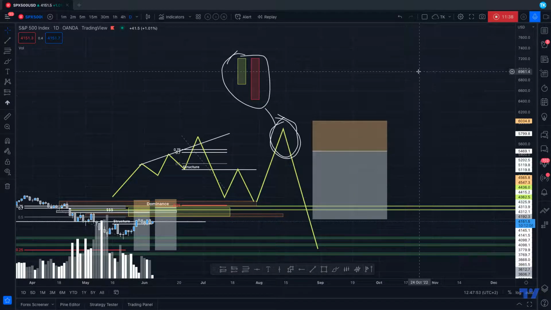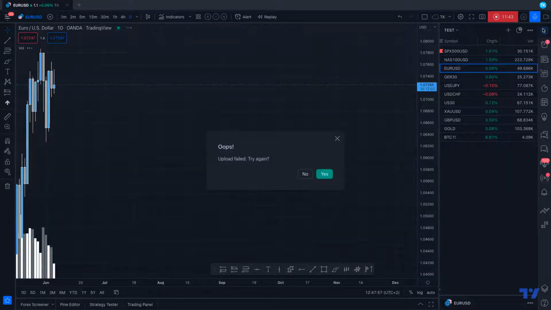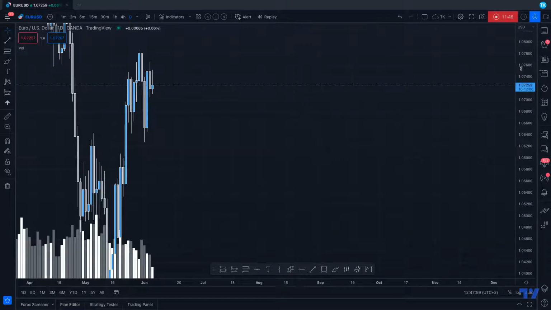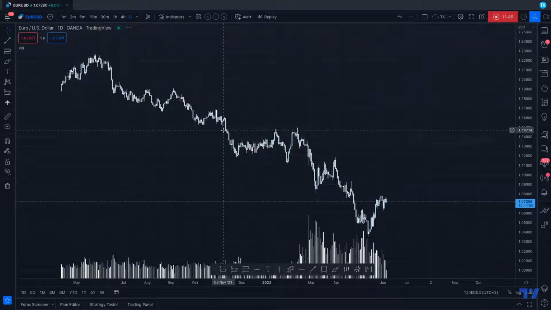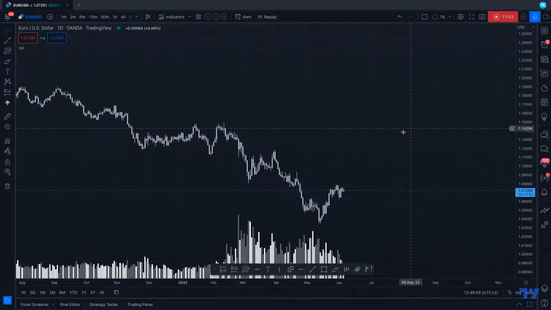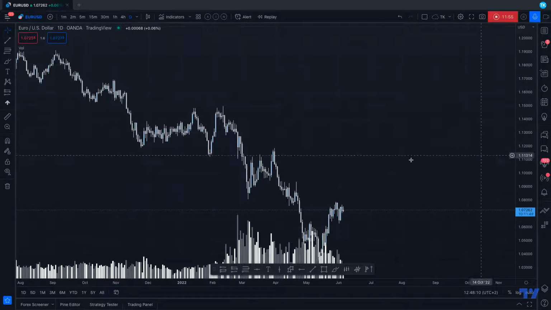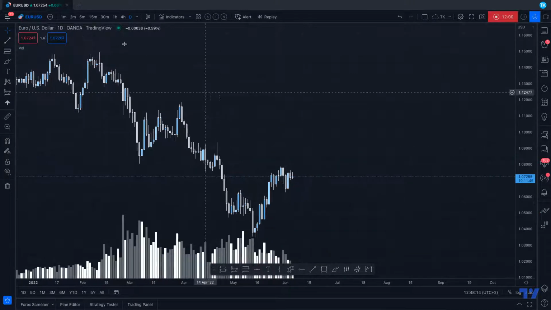Okay, we have no time, but let's have a quick overview on EURUSD. It's pretty much the same in Nasdaq. We didn't see Nasdaq, but it's pretty much the same on S&P. What about EURUSD?